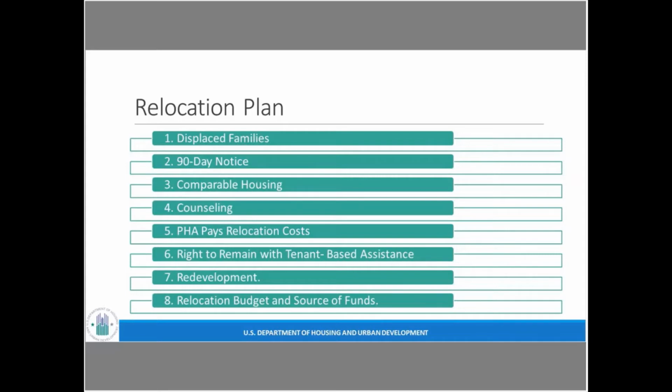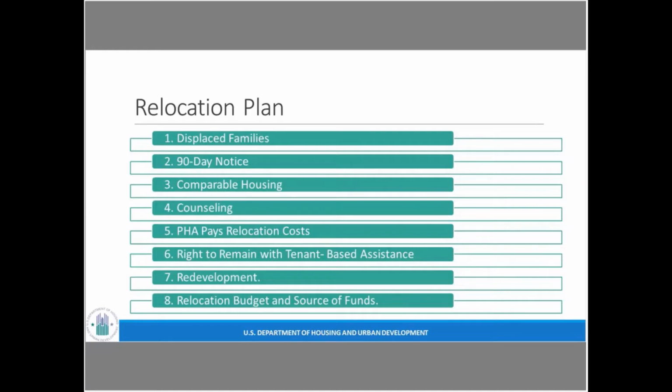And a PHA may, but is not required to, pay for long-distance moves if a family would choose to port out their voucher to another community. But again, if the family, as Jane stressed, opts to take their tenant-based assistance and move off-site, then the housing authority is obligated to pay actual and reasonable relocation expenses.